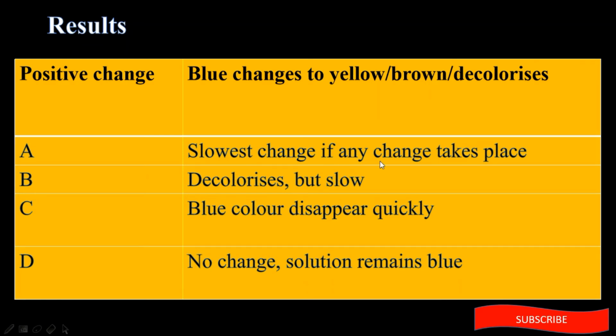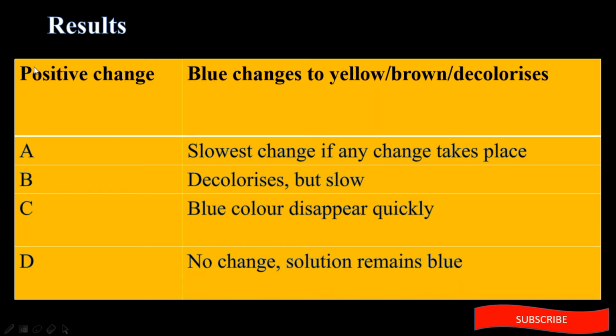However, this process is very slow. The reason why our solution is being discolorized is because we doubled the activities of our enzymes. We increased the temperature by 10 degrees Celsius, so the activities of our enzymes also doubled.